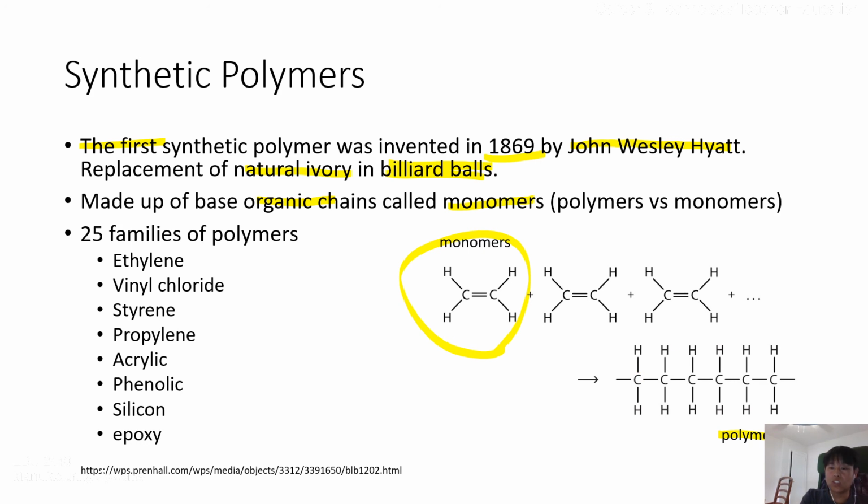Depending on the shape or form of this molecular structure, there is a variety of polymer products like ethylene, vinyl chloride, styrene, polypropylene, acryl, lots of polymer families.